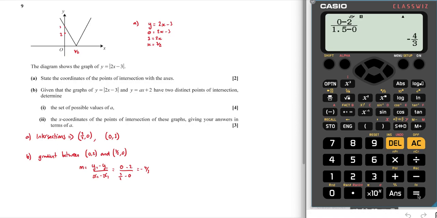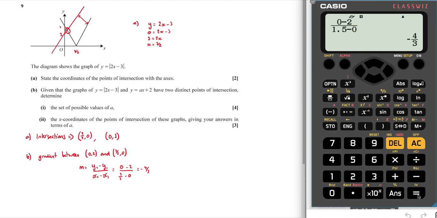If we have a positive gradient, if it is 2, which is the gradient of the original line, it's going to come along, it's going to do that. These two lines are going to be parallel, so we're going to have the intersection there only.